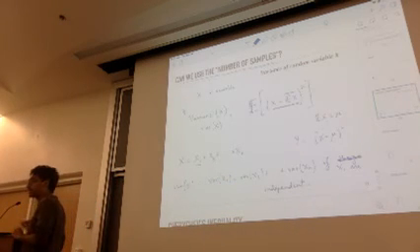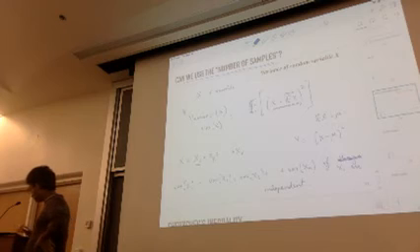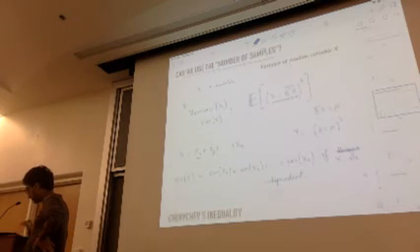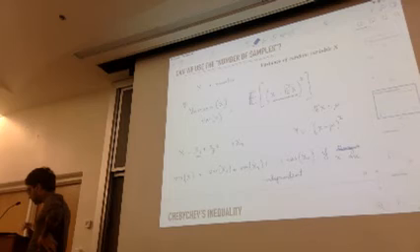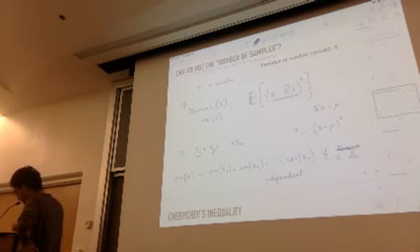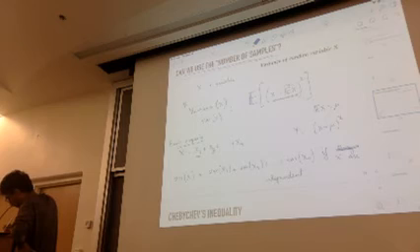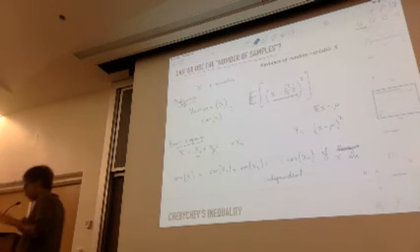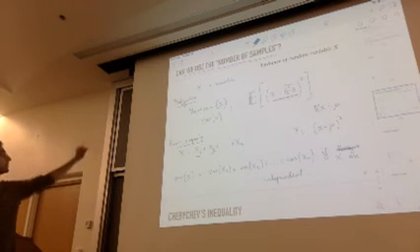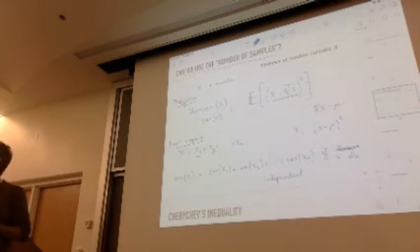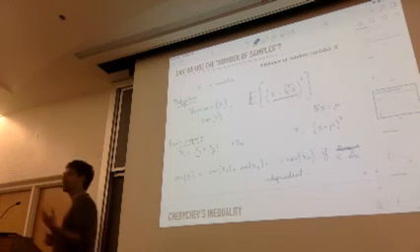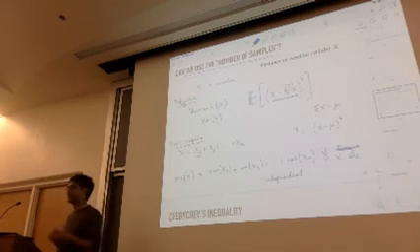So this is a basic property, and this is the definition. If you haven't seen variance before, these are the two things that you should know about variance. That's the definition, and this is one basic property.